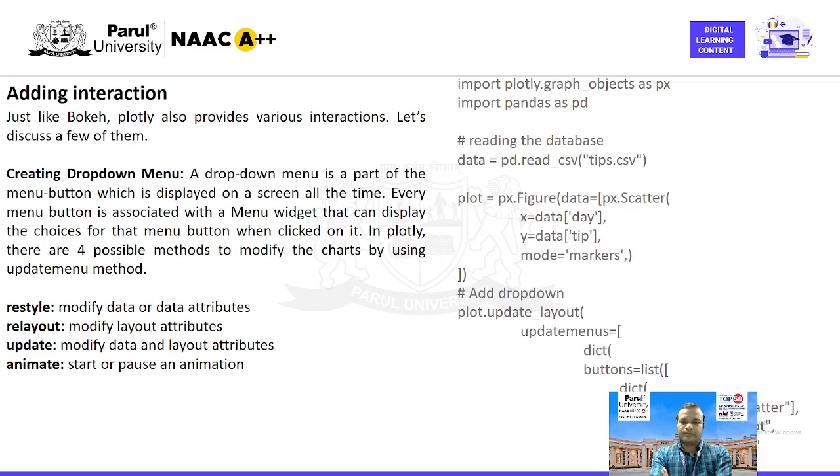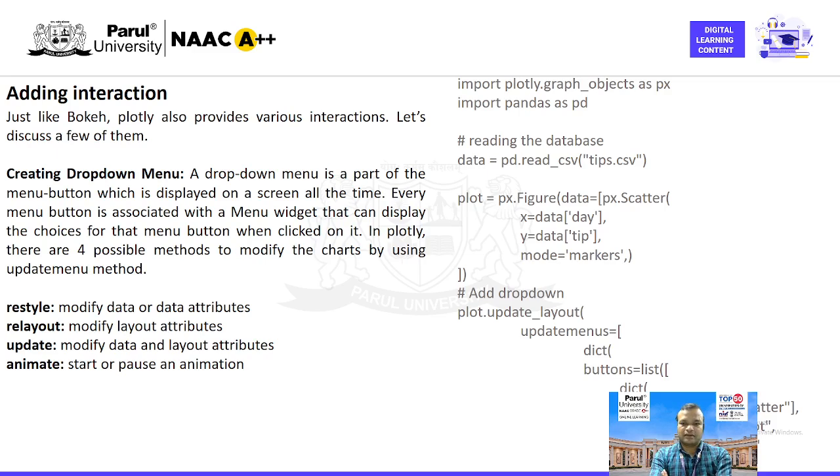Plot is equals to go.Figure, data is equals to go.Scatter. We give the parameters x is equals to data['day'], that means x represents the day attribute, then y is equals to data['tip'], y represents the tip attribute, then mode is equals to markers. Add drop-down: plot.update_layout.